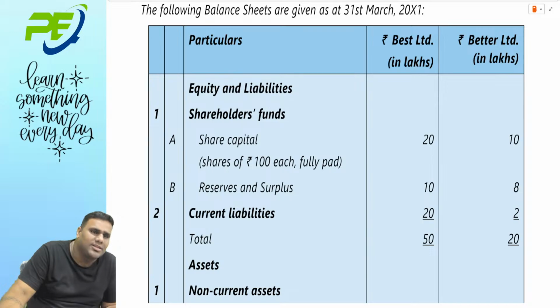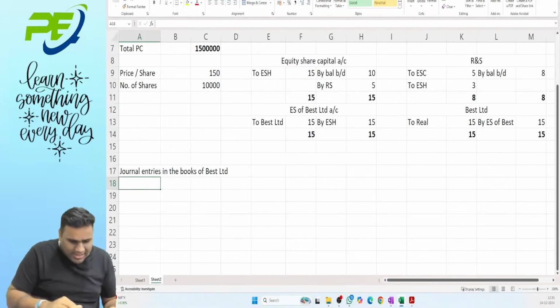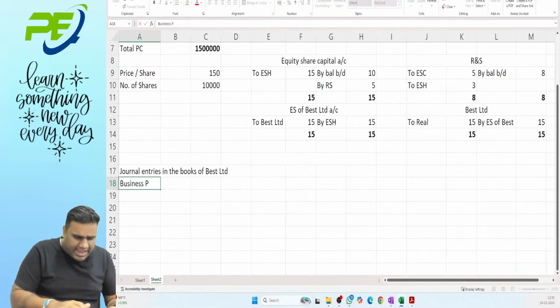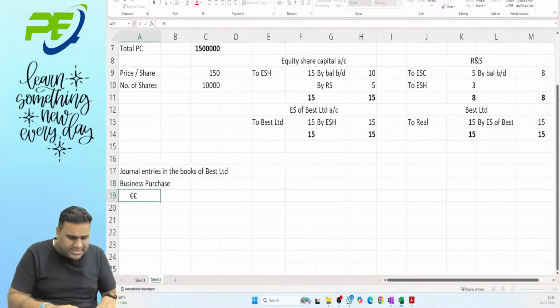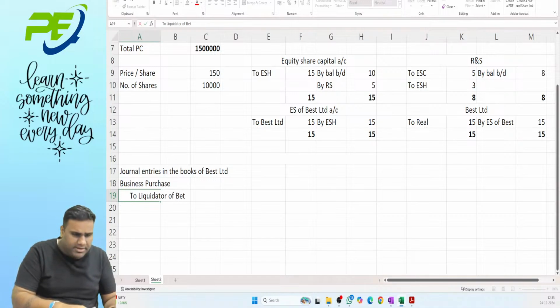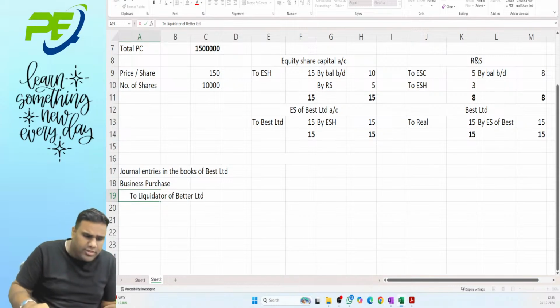Kush. So, we will pay, I said this very clearly, we will pay to liquidator. Business purchase to liquidator of Better Limited. And what was the purchase consideration? 15 lakhs.